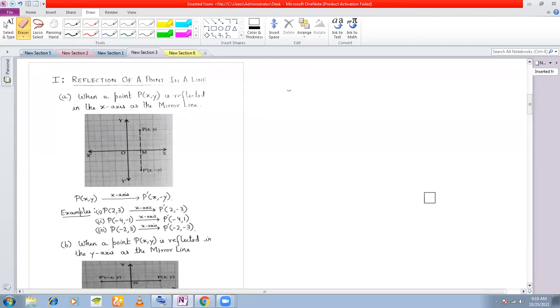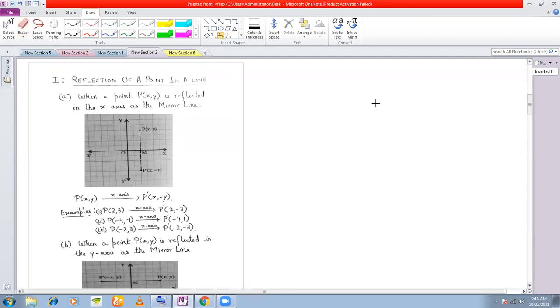But we'll not discuss this concept in this chapter. We'll in fact discuss this concept under straight lines. But for the time being, we'll just learn the standard reflection procedures in which we can reflect a point in the x-axis or the y-axis, or a line that is parallel to the x-axis or the line that is parallel to the y-axis.